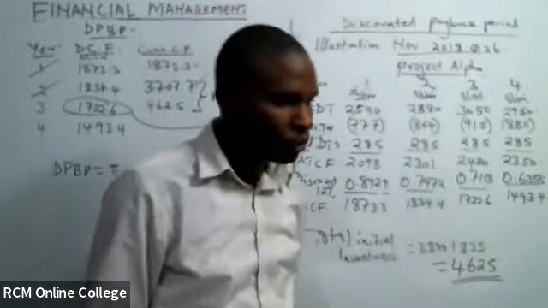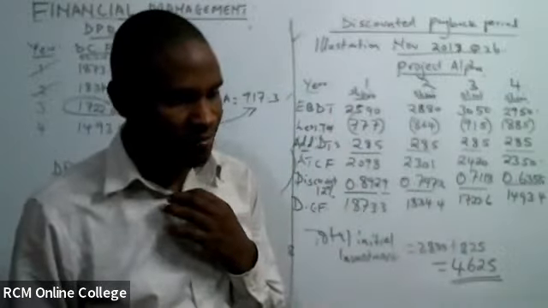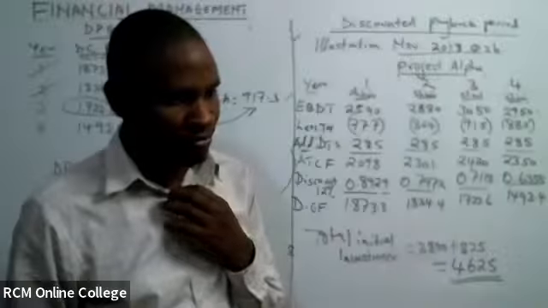The project with fewer years, you're getting 3.5.